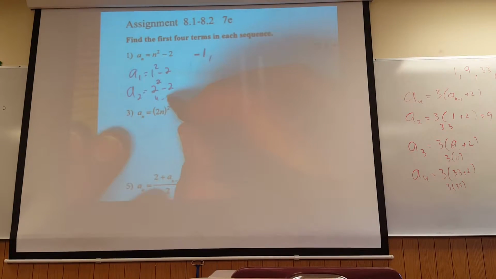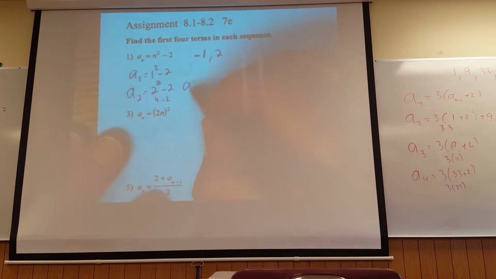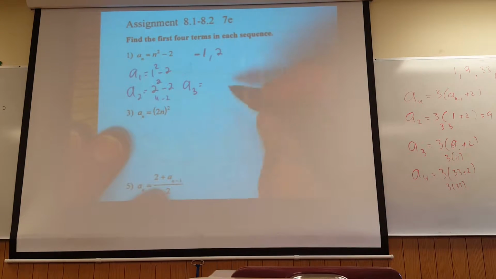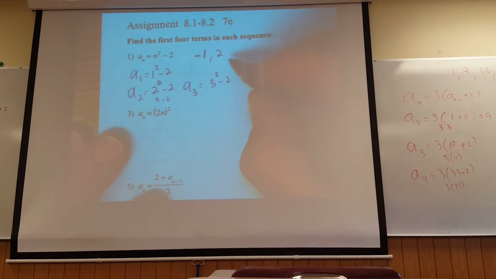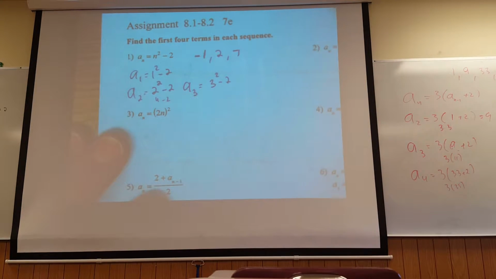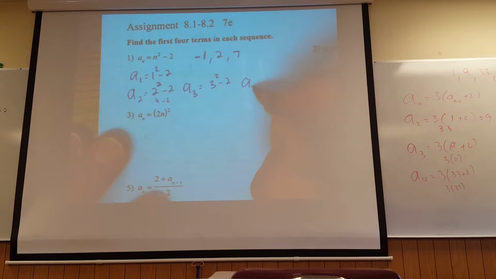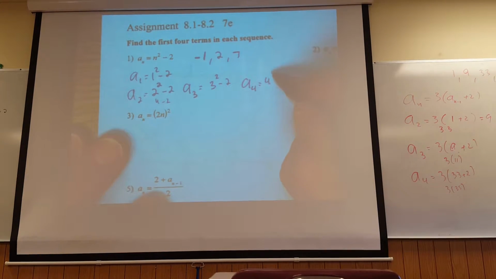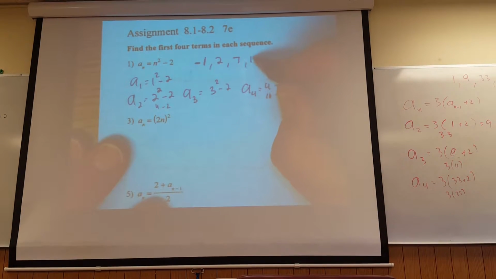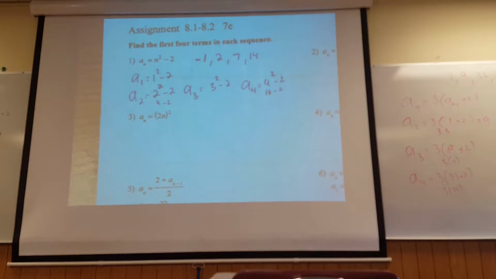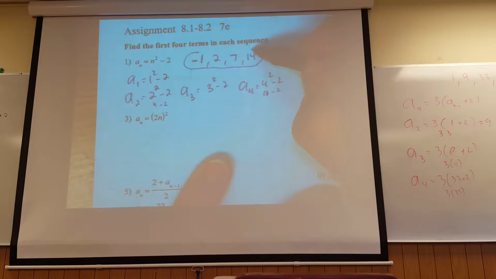So that's 4 minus 2, so it's 2. The third term, a3, is going to be 3 squared minus 2, and that's 7. And the fourth term, a4, is going to be 4 squared minus 2, 16 minus 2 would be 14. So there's the first 4 terms right there in that sequence.